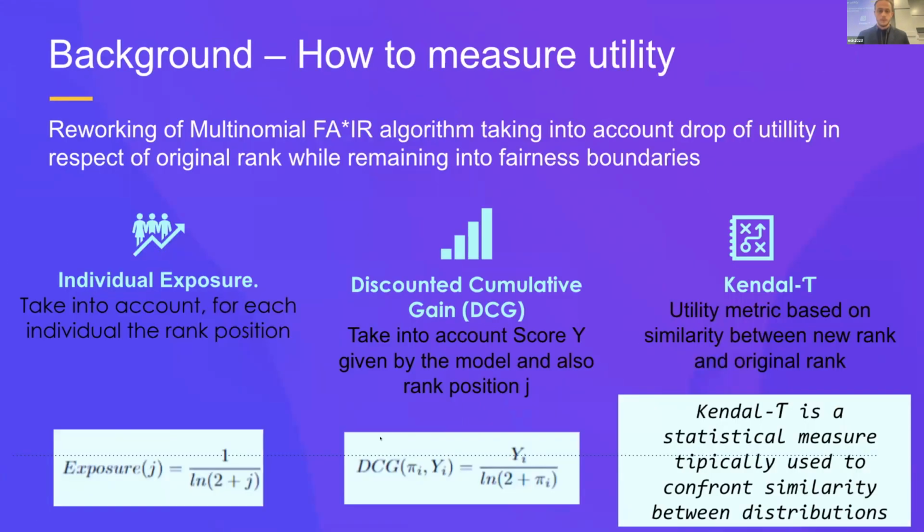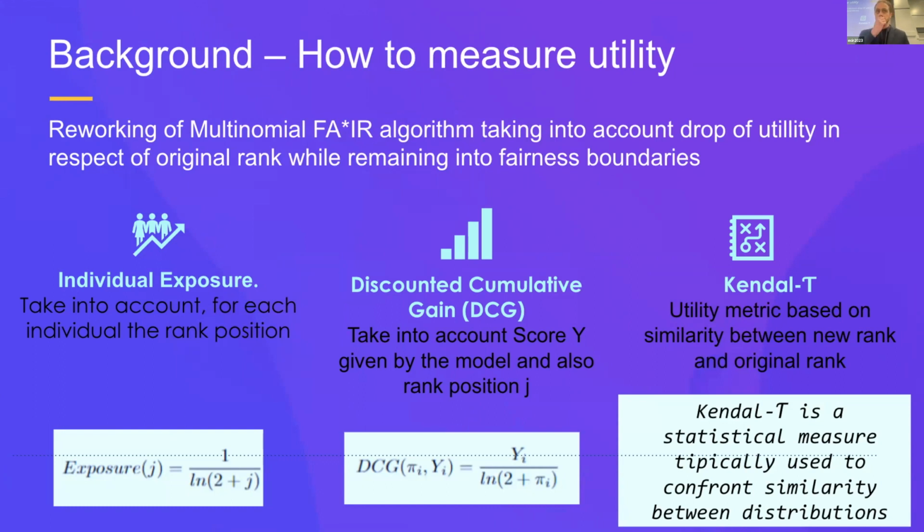Okay. But how do we measure utility or fairness? Concerning utility, in our paper we're working with the multinomial FAIR algorithm, taking into account the drop of utility with respect to the original rank π, remaining within fairness boundaries.